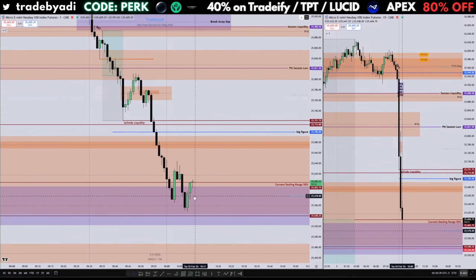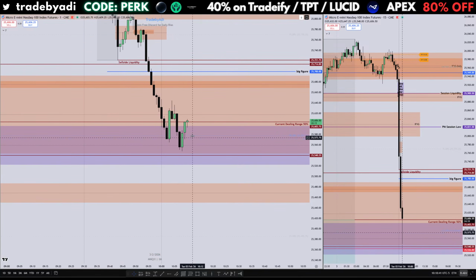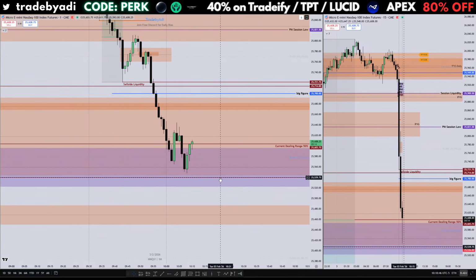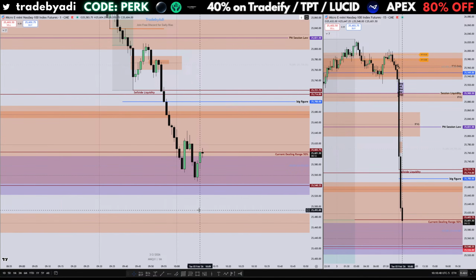You don't have to hope that price will go down and we will book on this low only. That's why you have to short in premium and long in discount. If you have shorted in premium, then you have to book your profits in discount.